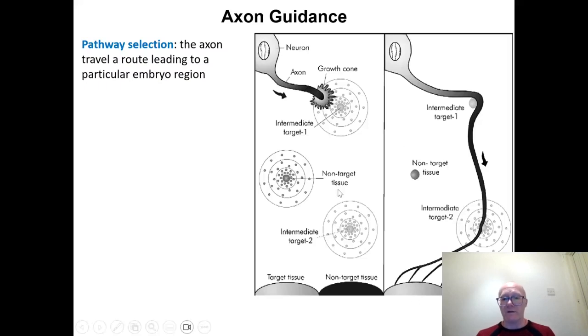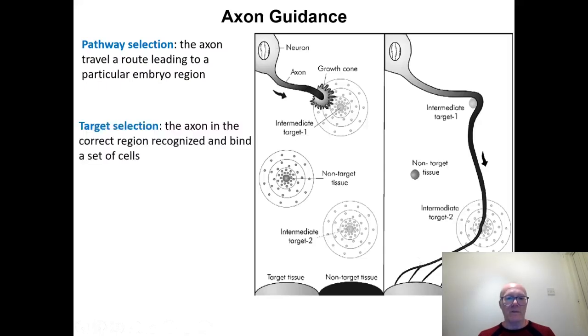So here in this cartoon, you see how the axon, thanks to the growth cone, is moving toward a region where you have a positive stimulus, and then moves away from a region with a negative stimulus, and moves away from a second region of negative stimulus here, and then reaches or tries to reach the target tissue.